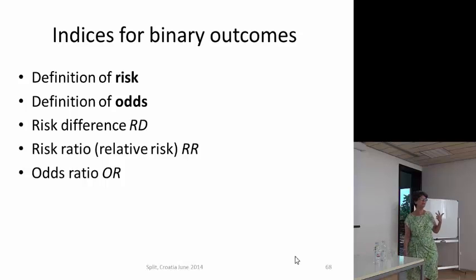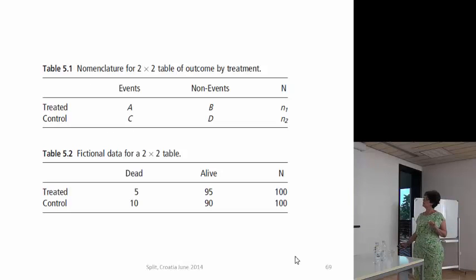Then I want to talk a little bit about the difference between the risk difference and the risk ratio and the odds ratio, and talk about why Cochrane tends to like the risk difference, and some of the things you need to keep in mind if you're using the risk difference.